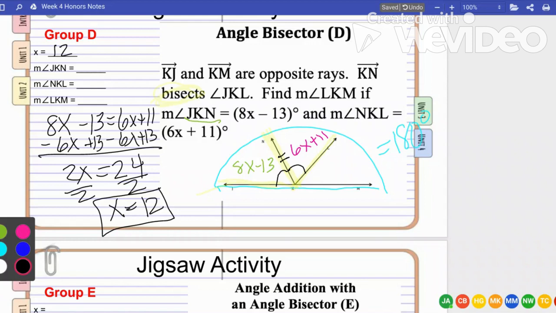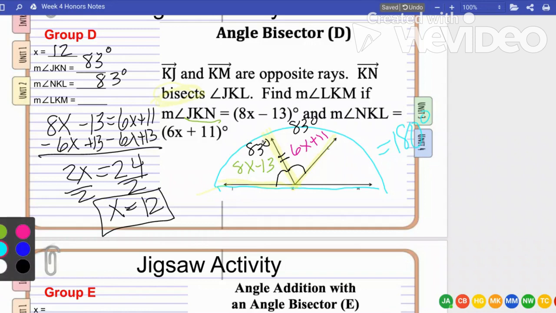So when I plug it back into the first one, 8 times 12 minus 13, we get 83 degrees. So angle JKN is 83 degrees. Angle NKL, 6 times 12 plus 11 is also 83 degrees, which checks out because they have to be the same.